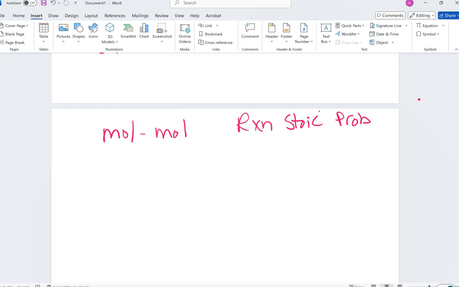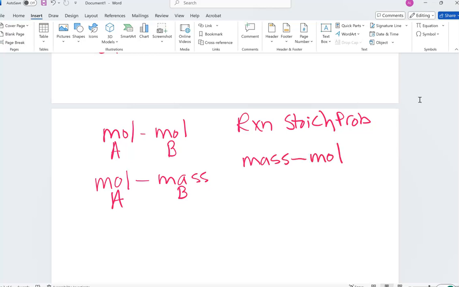So you're given moles of substance A and you have to convert to moles of substance B. You might be given a mole to mass problem, so you're given moles of substance A and you have to convert to mass of substance B. You might be given a mass to mole problem, so you're given the mass of substance A and you have to convert to moles of substance B.